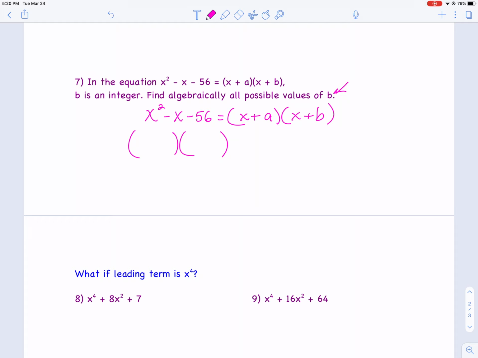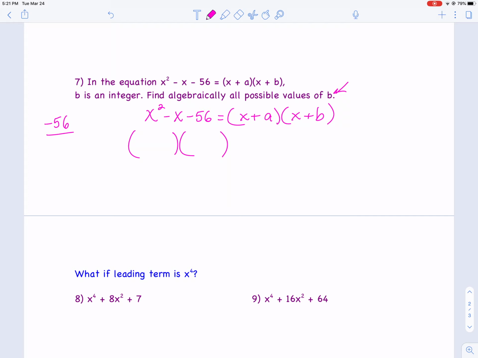And you want to ask yourself, okay, what multiplies to negative 56? Now, what does it have to add to? There's no number in front of that x, but what number is that? It's a negative 1. So let me tell you this, when there's no number in front of your x value and it's a 1, it means your two numbers should be consecutive because they'll have a difference of 1.